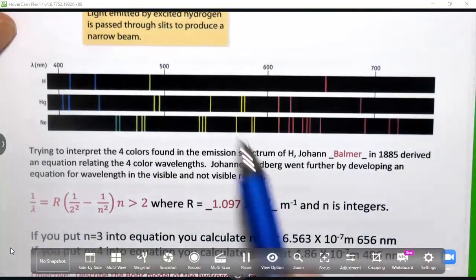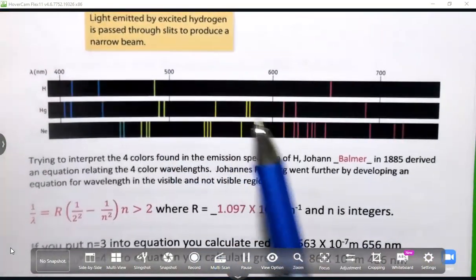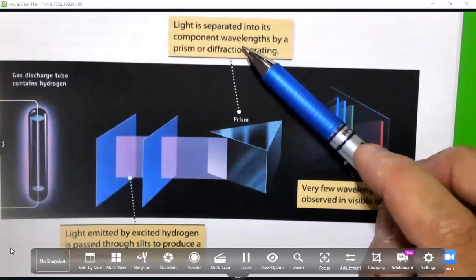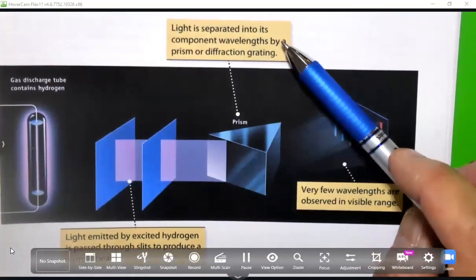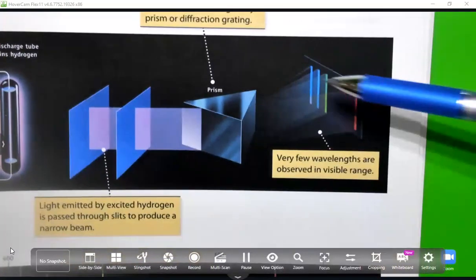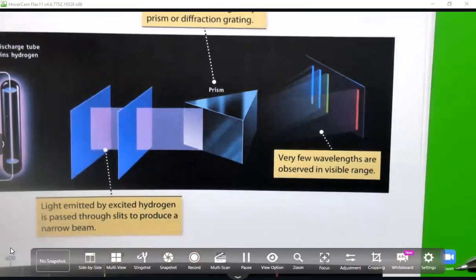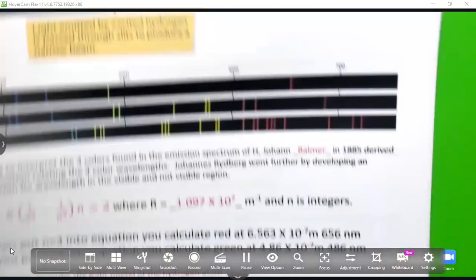We know that if we have hydrogen gas and separate the light out, light is separated into component wavelengths by a prism or a diffraction grating, we actually can separate these colors out. So these are the colors. And this is what happened.